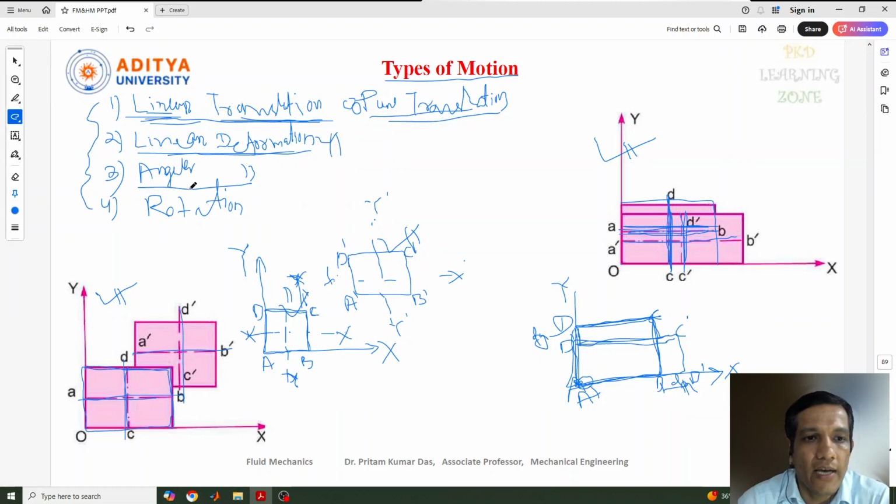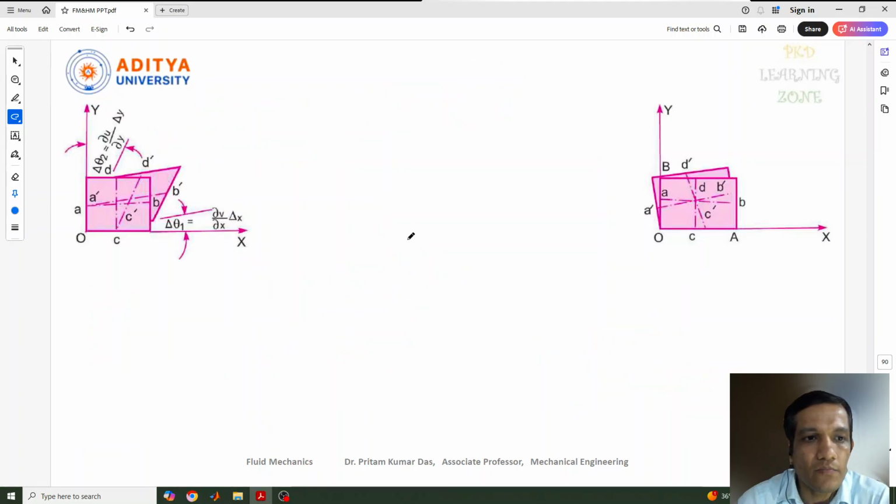Now next we'll go for the angular deformation. For the angular deformation, if you see, there is a change here. Initially, this is the starting object, and the object is going to deform. The fluid element is going to deform angularly.